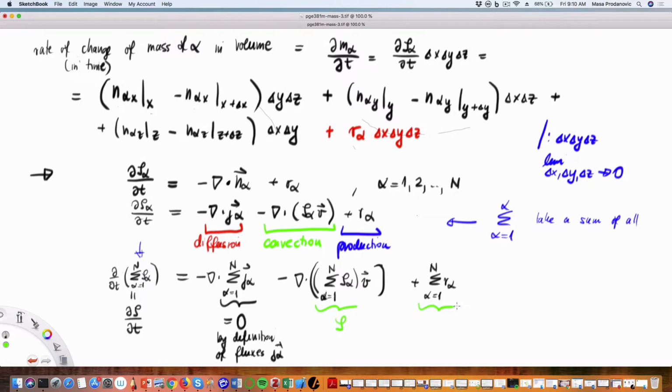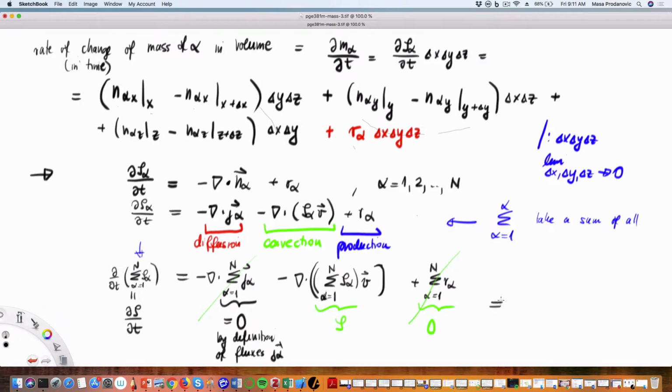This is the mass rate of production for all of the species. The sum of all of it has to be 0. So indeed, this term disappears, this term disappears.